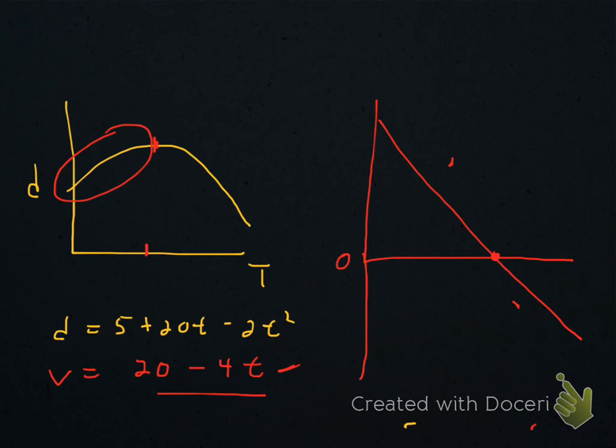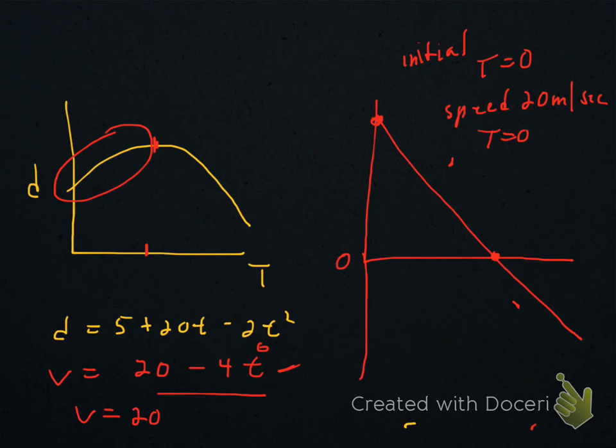The thing about speed is that if we took an initial time 0 for velocity, in other words, we put in 0 for t here, we would get a velocity of 20. And what does that mean? That means at the very beginning here, the speed is 20 meters per second, if that's the units we're using, at t equal to 0.